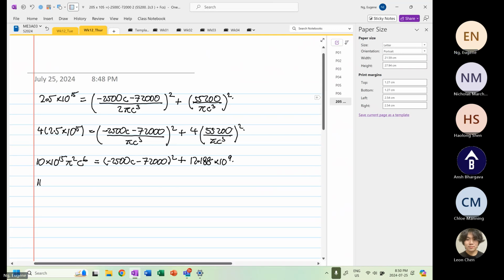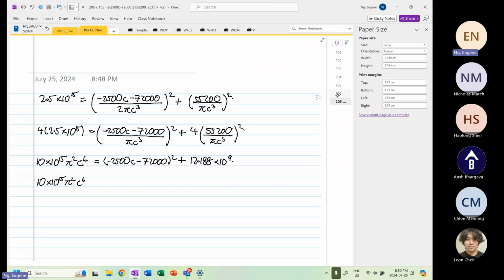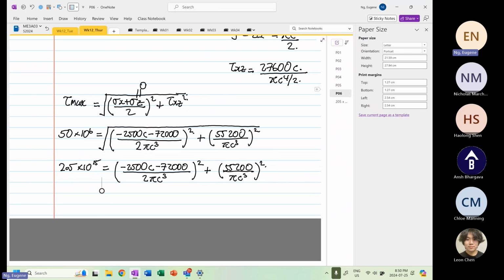So 10 times 10 to the power 15 pi squared C6. Somehow I made a mistake down here. I thought it was in megapascal. No wonder it looks weird. So this is 50 times 10 to the power 3. It's not in Pascal, okay? It is in PSI.